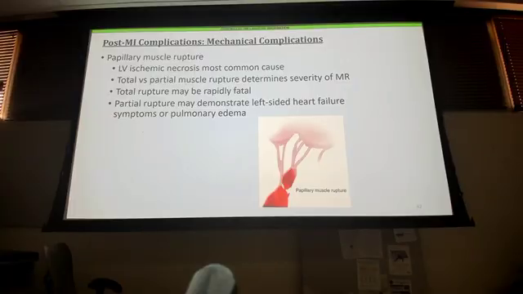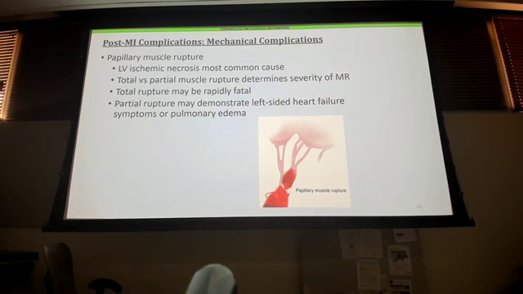And then an additional complication is papillary muscle rupture. So you have these papillary muscles that are perfused by perforating arteries off of the main coronary arteries. Well, if the perfusion to that muscle is affected and that muscle dies, those muscles are attached to your chordae tendineae, which then are attached to the valve leaflets of the mitral or the tricuspid, depending on which side this occurs.